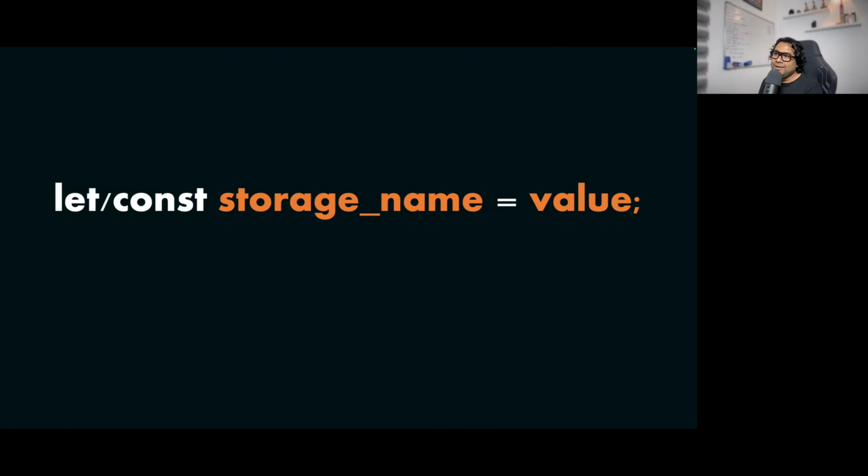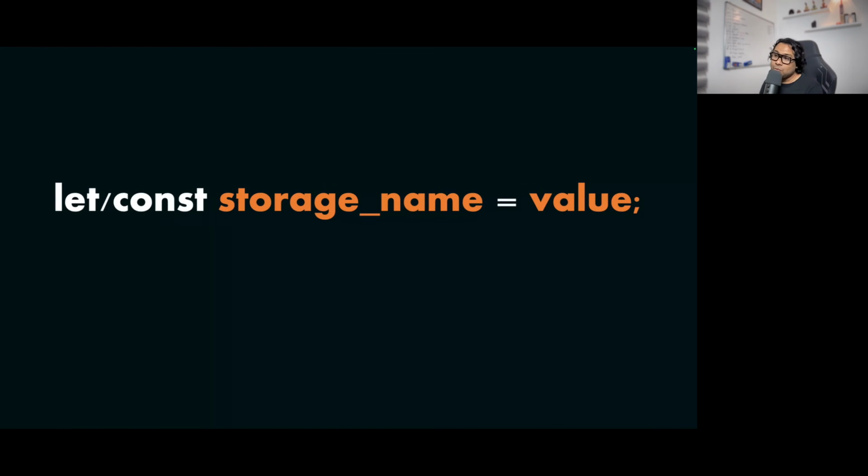So var, let, const, all these things, we will call them specifiers. Why do they call them specifiers? They actually control that particular storage, like either the fruit storage or the address storage, where and who can access the value from that particular storage. This let and const actually control that.